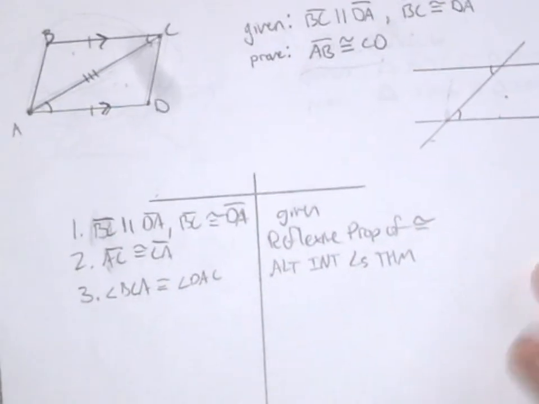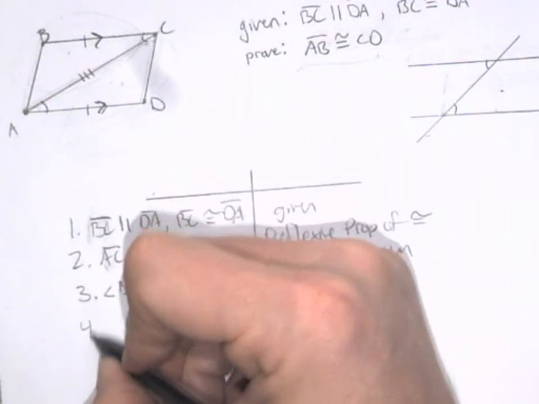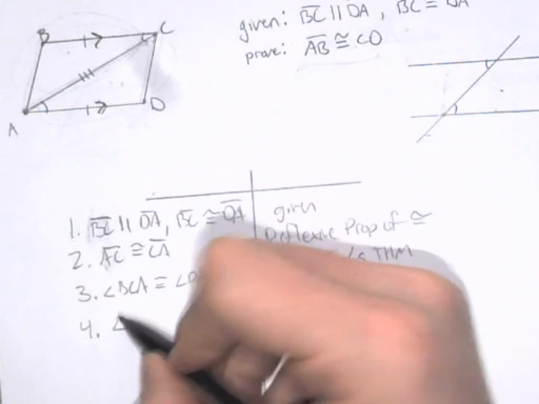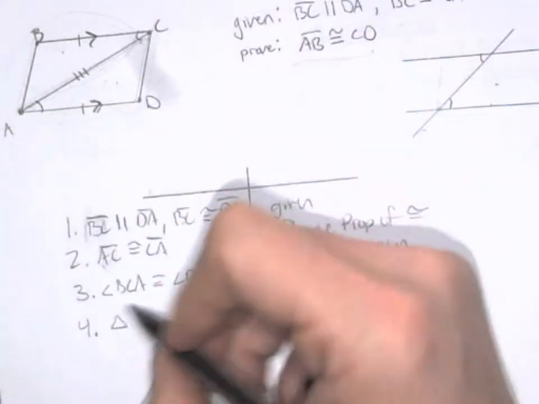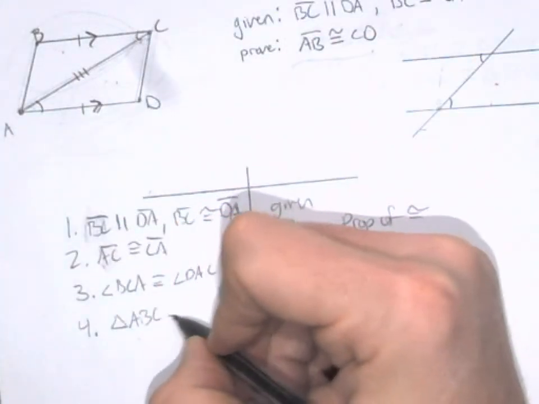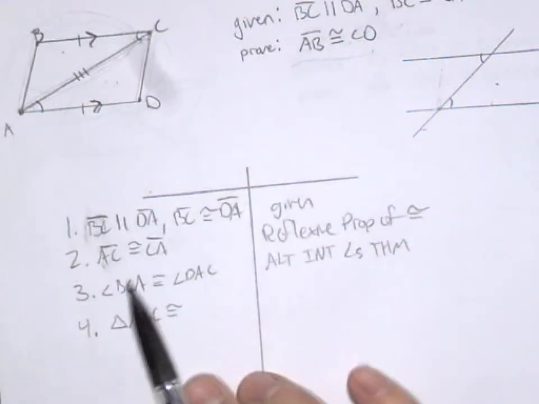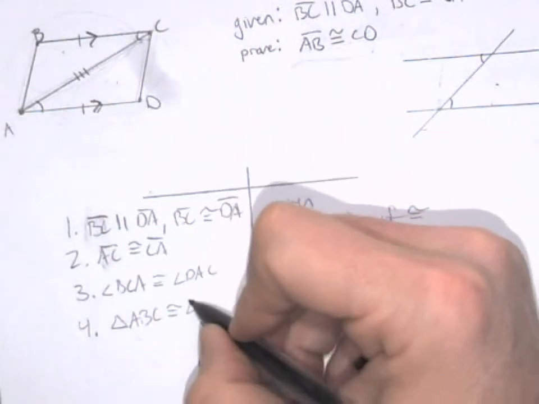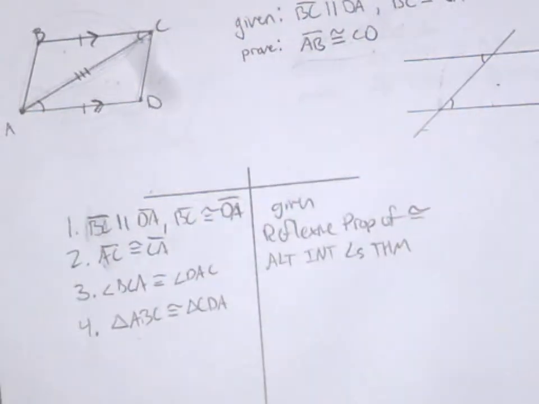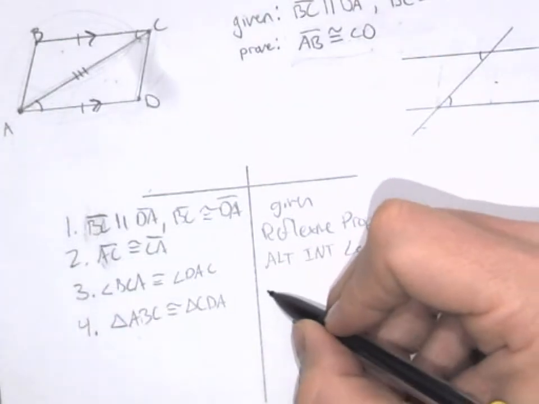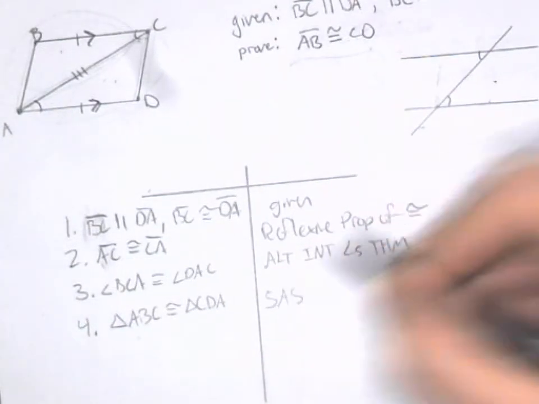Therefore, we have triangle congruence here. We're going to say that triangle ABC is congruent to triangle CDA. And that is going to be SAS, right?